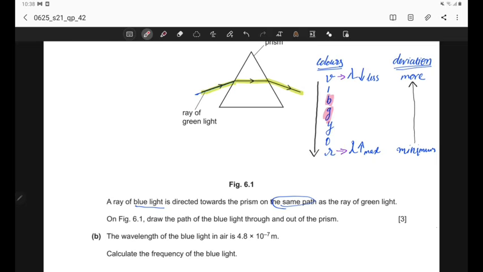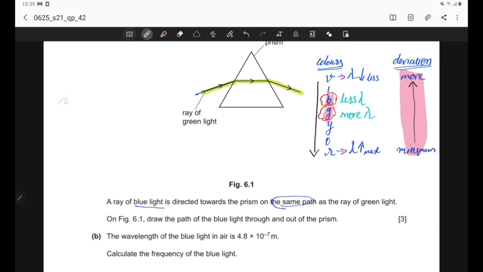Now we can look at these two colors mentioned in the question, that is green and blue. Comparing green and blue, we can understand that the wavelength of blue is less than the wavelength of green. So green has a wavelength which is greater than the wavelength of blue. So as the wavelength of blue is less, it will deviate more.